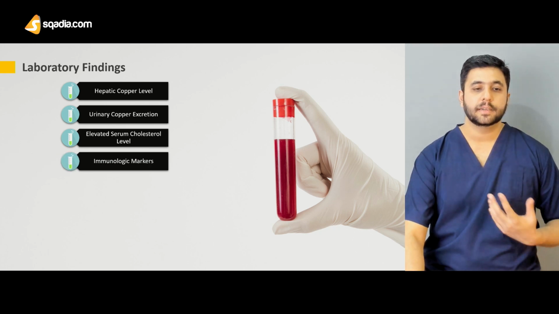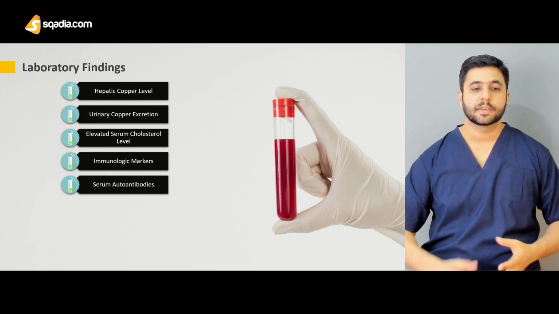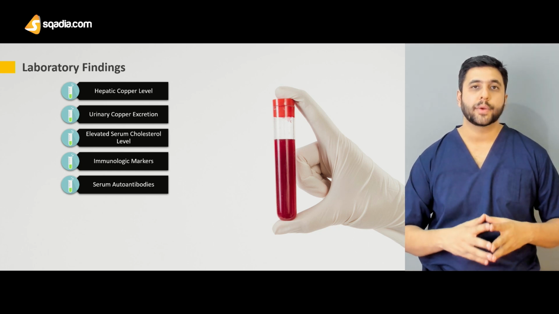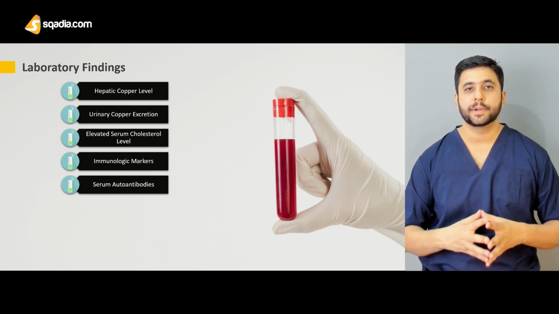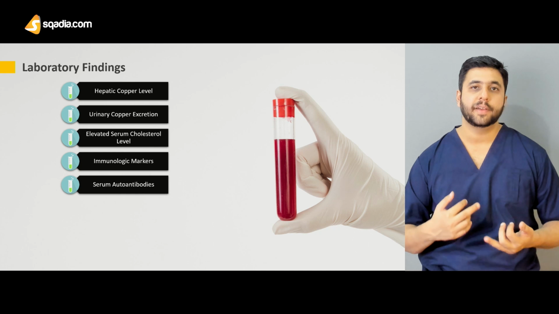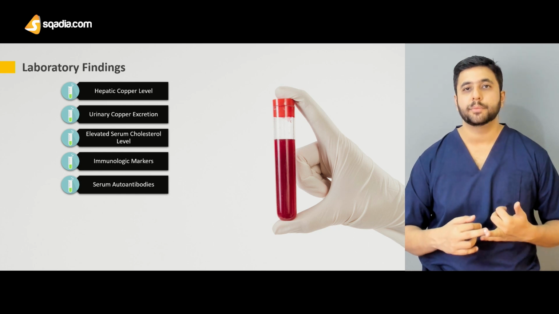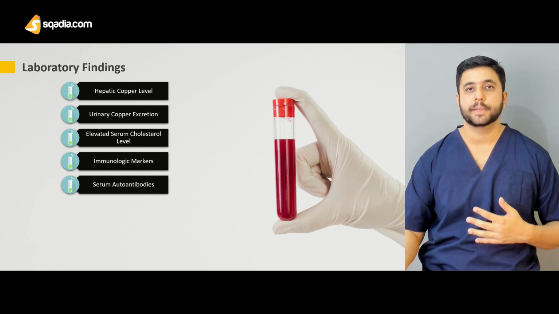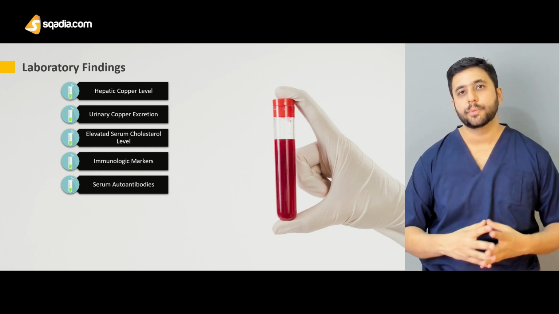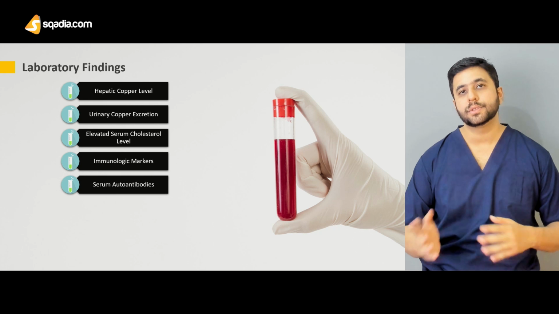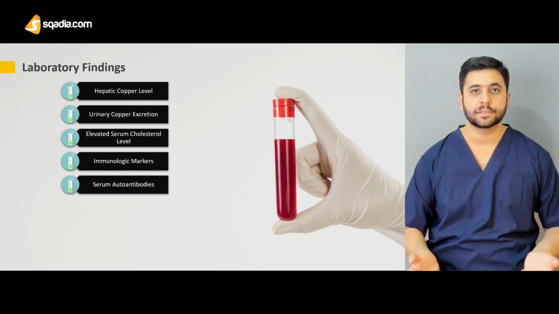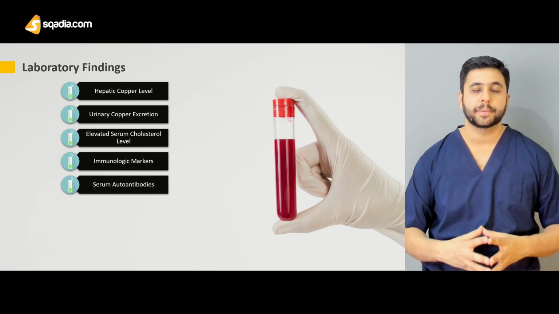All right. Along with that, there can be certain immunological markers like serum autoantibodies. And these autoantibodies are used to distinguish the various types of disorders. For example, in patients with primary sclerosing cholangitis, we might have elevations of the serum p-ANCA, perinuclear anti-neutrophil cytoplasmic antibody. It is positive in a large majority of the population, and it can be used to distinguish primary sclerosing cholangitis from, let's say, primary biliary cholangitis or autoimmune hepatitis.